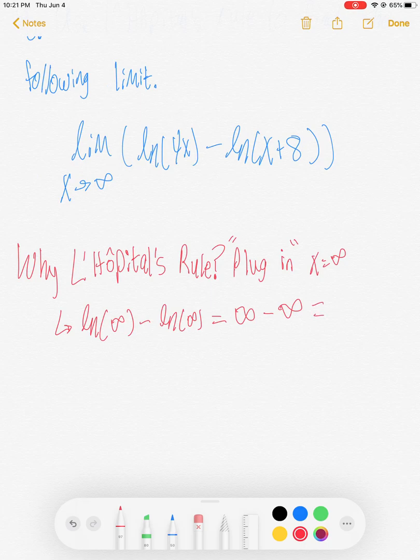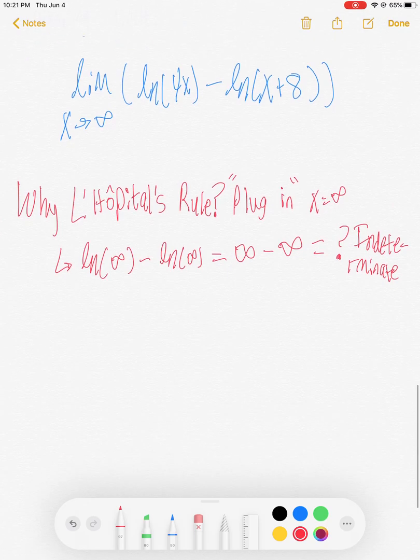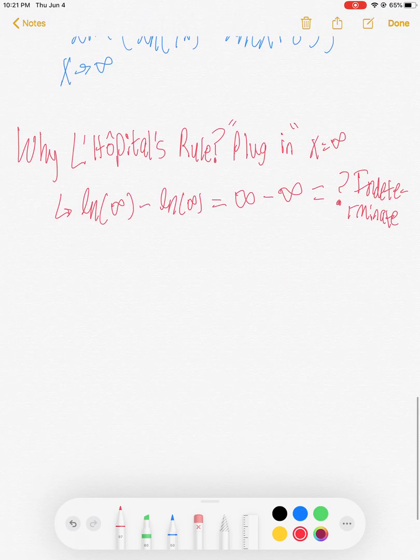So ln of infinity is asking, what power do you raise e to get infinity? Well, a really, really big power. In fact, this is just infinity minus infinity. And this is indeterminate.